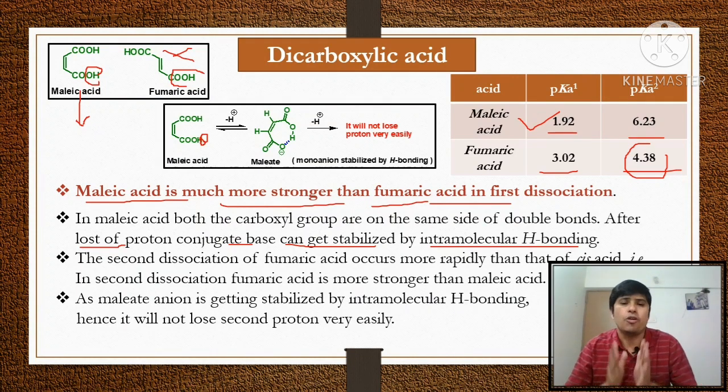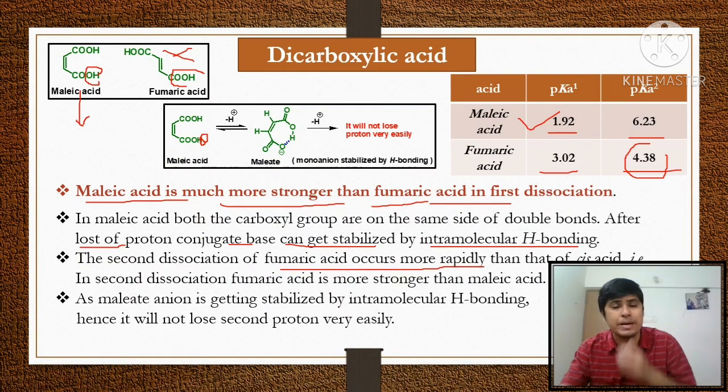Hence, for first dissociation, maleic acid is stronger than fumaric acid, as its conjugate base is stabilized through intramolecular hydrogen bonding. Now in second dissociation, the second dissociation of fumaric acid occurs very rapidly compared to that of the cis acid, maleic acid.